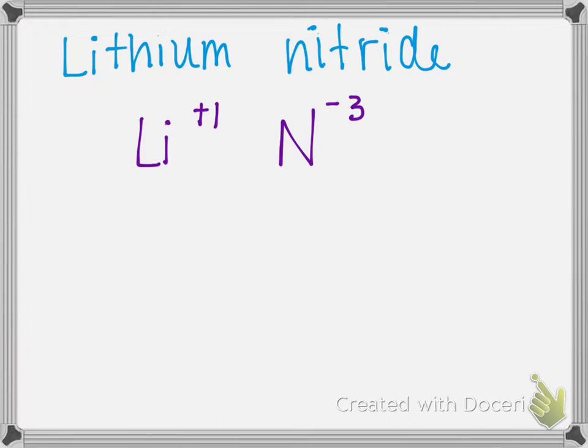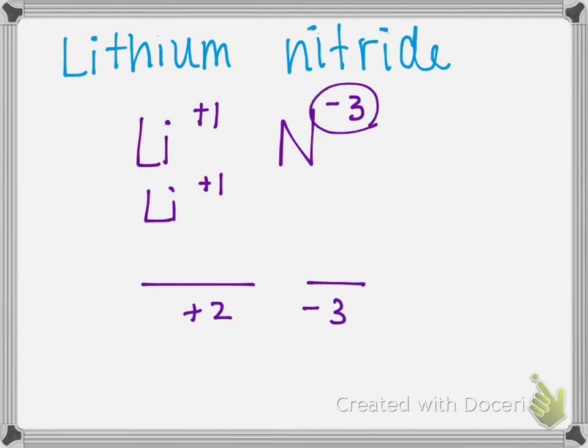I need more lithiums. I need more positive charges to balance out that -3. So I'm going to add another lithium here. Oops, it's +1. So that total on this side only gets me to +2. When my negatives, I have a total of -3. So I'm still not balanced yet, which means I need even another lithium, right?